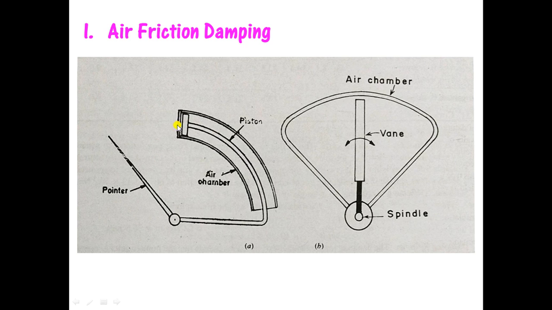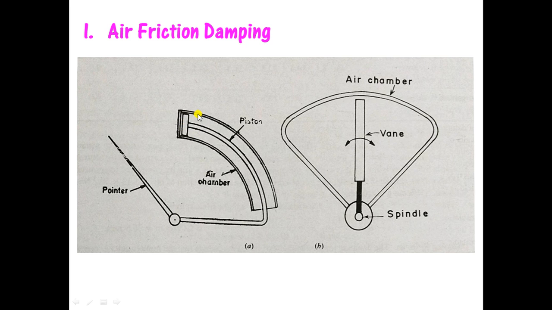So if the pointer is deflecting, and this piston is going towards this end of the air chamber, then what will happen? As it is moving towards the end, the air present inside the air chamber will get compressed, and as the air gets compressed, the pressure of air in this area will increase.